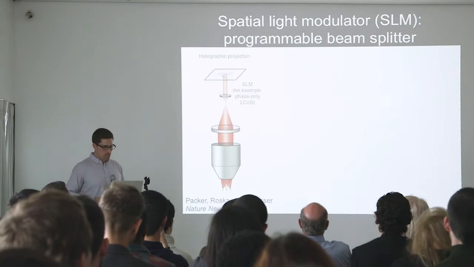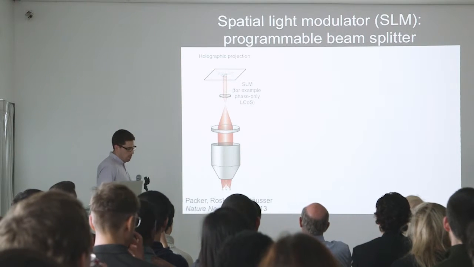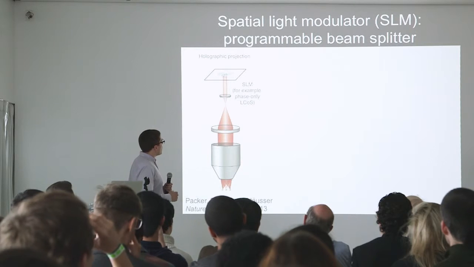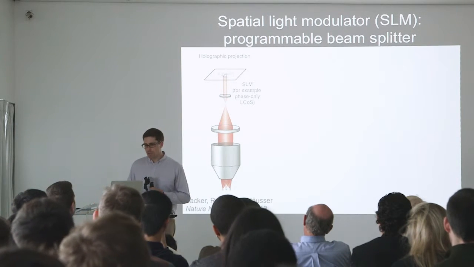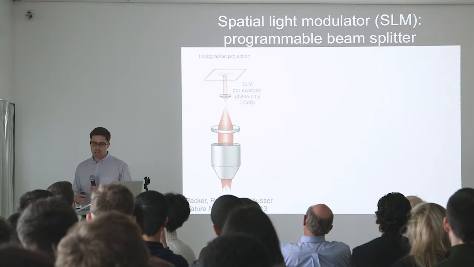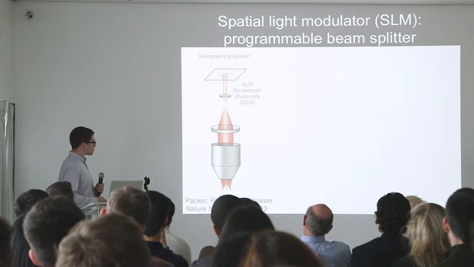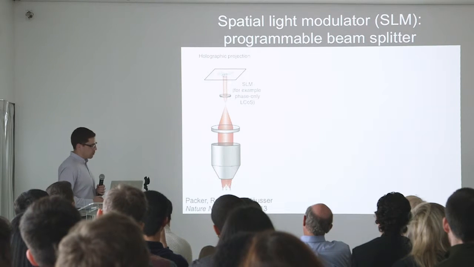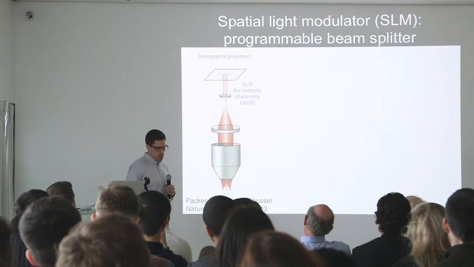And so to do that, we used a device called a spatial light modulator, which you can think of as a programmable beam splitter. For the physicists in the audience, it's essentially a programmable diffractive optic that's made from a liquid crystal layer that you can use to do holographic projection.